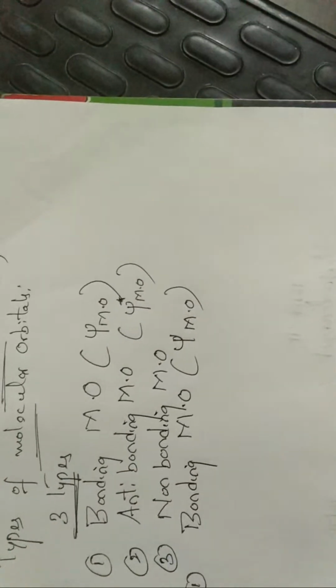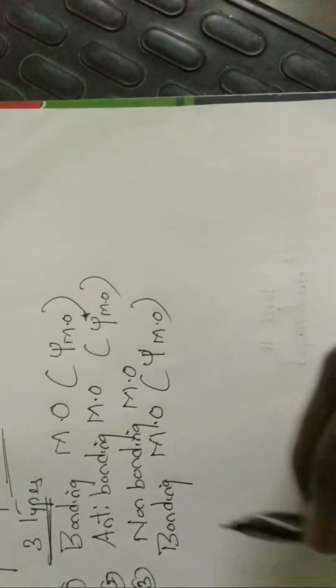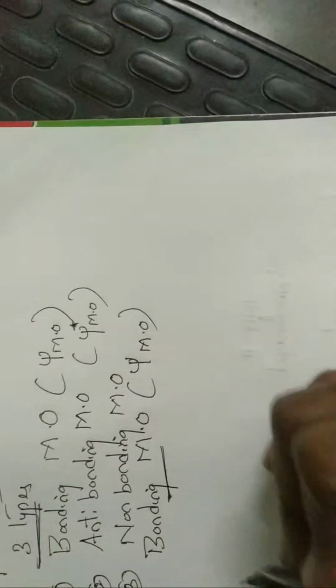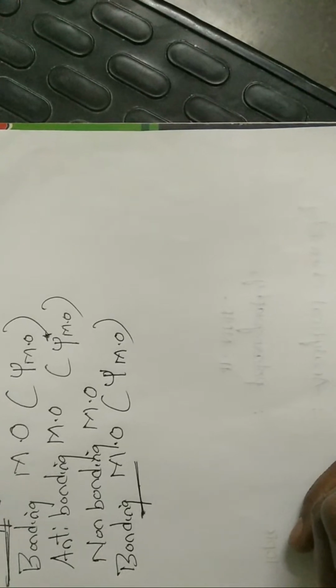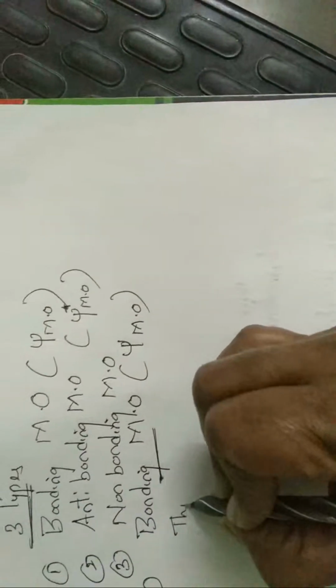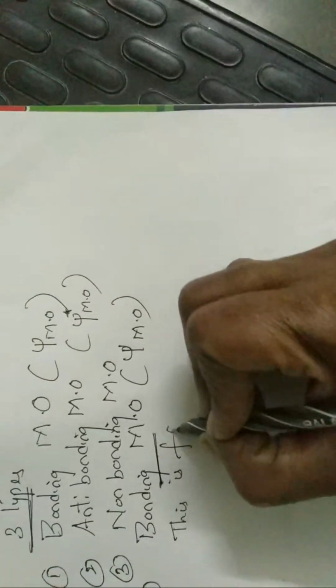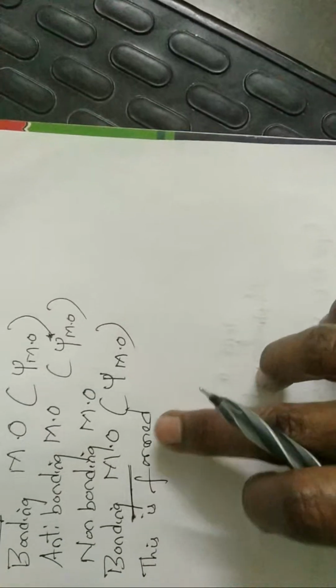So here, how is this bonding molecular orbital formed?